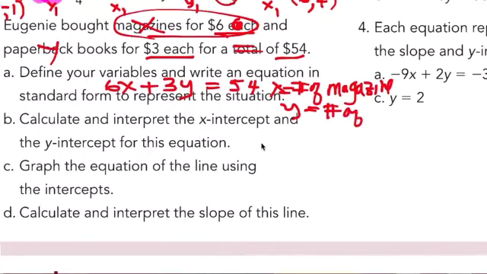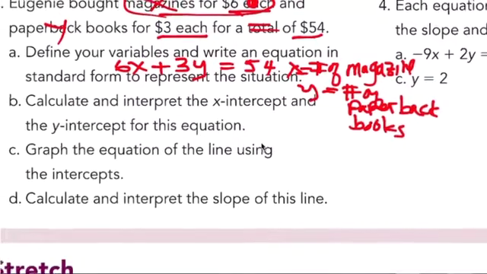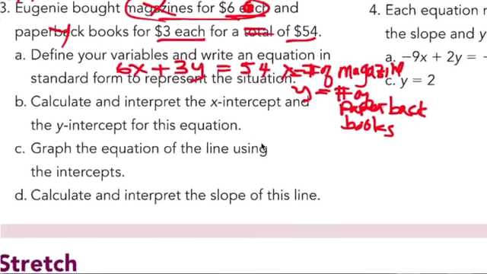Number of paperback books. Do it on paper. Calculate the x and y-intercept for this problem situation, okay?